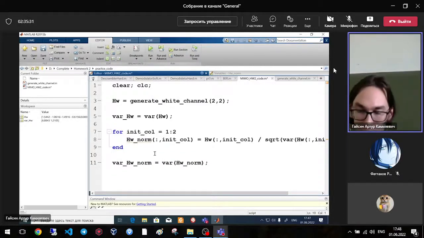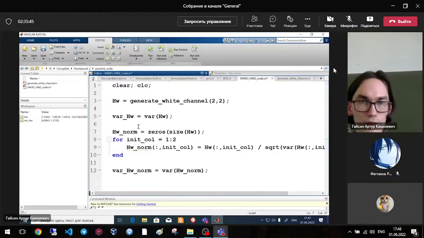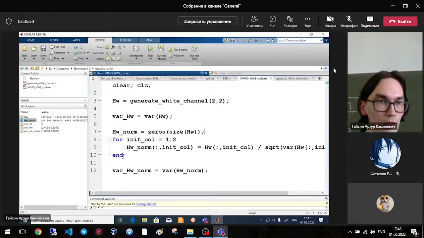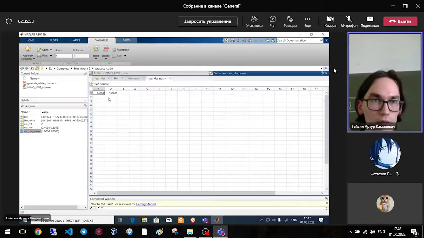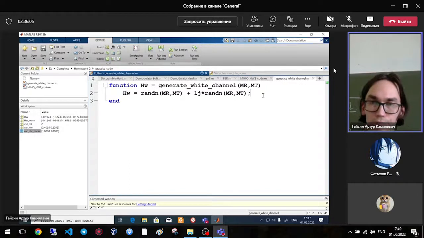And of course, for example, we can create HW norm as the zeros of size HW. Great. And you can see in this case the variance of our normalized vector is equal to 1 and 1. So let's add this part here.